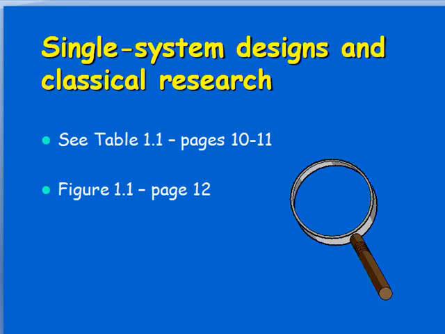So take a look at table 1.1, and also take a look at figure 1.1, which also compares experimental control group designs and single system designs. Just the way they look is different, and the frequency of collecting data is different.